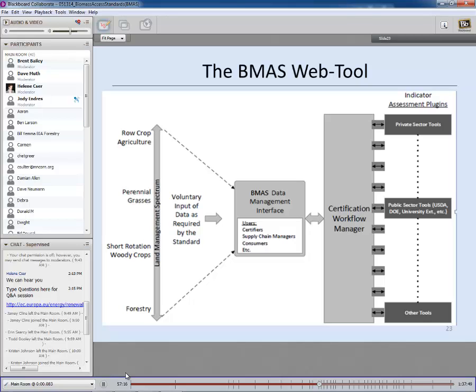So we have in the middle an interface where certifiers, other certification organizations, supply chain managers, and businesses as consumers of agricultural materials would go into the interface, being able to have a one-on-one relationship with a producer on the front end and being able to choose the analytics on the back end to satisfy what the BMAS standard has as a baseline.